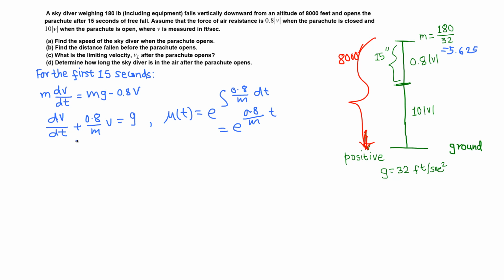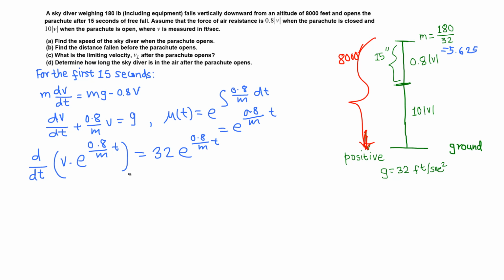We multiply both sides by this integrating factor, and the left-hand side automatically becomes the derivative of the dependent variable times the integrating factor, v times e to the 0.8 over m t, equals 32 times e to the 0.8 over m t.